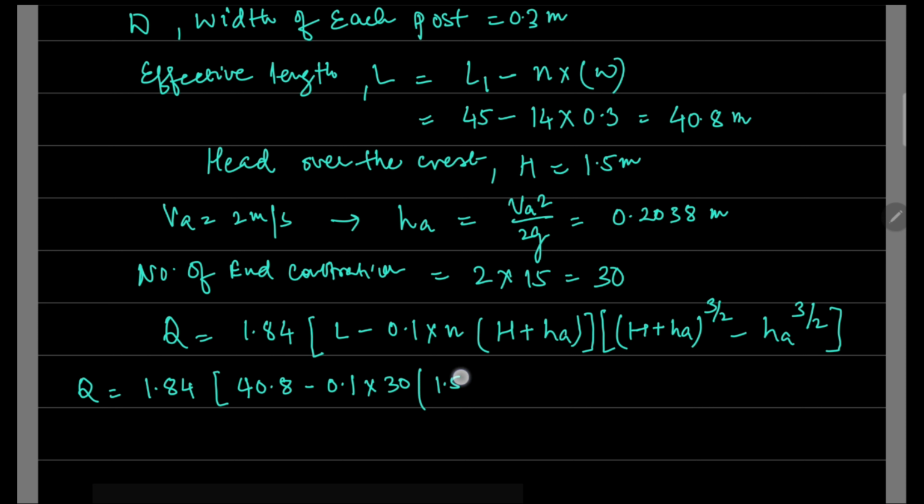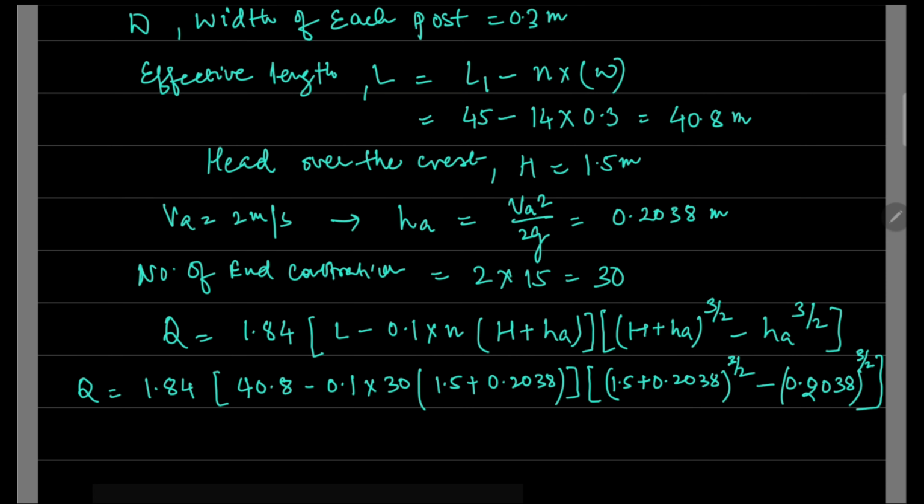So 1.5 plus HA, which is 0.2038, then bracket close, and then 1.5 plus 0.2038 raised to the power 3 by 2 minus 0.2038 raised to the power 3 by 2, and then bracket closed.